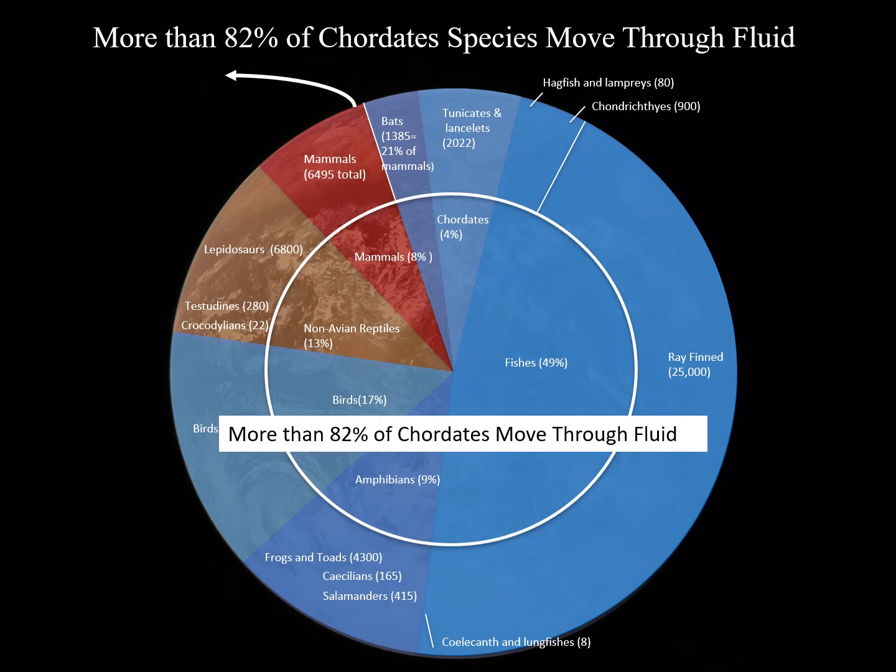Here I have covered the groups that are moving through a fluid in blue. So you can see the huge percent of this pie that consists of animals that are either flying or swimming. So all of the tunicates are aquatic. The majority of fish on this planet are aquatic.